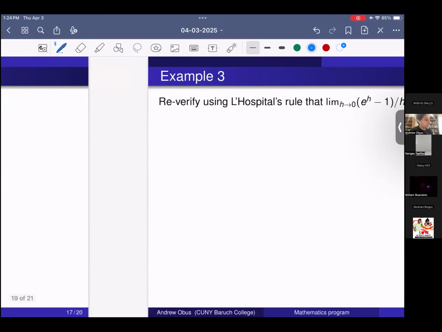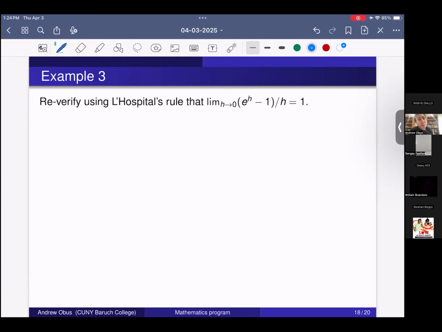Okay, and the last thing is let's re-verify using L'Hopital's rule that this limit that we talked about back at the beginning is actually true, right? So I told you that the limit as h approaches 0 of e to the h minus 1 divided by h is equal to 1, right?